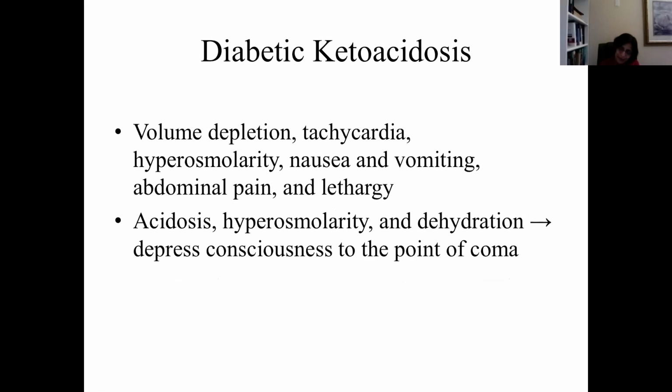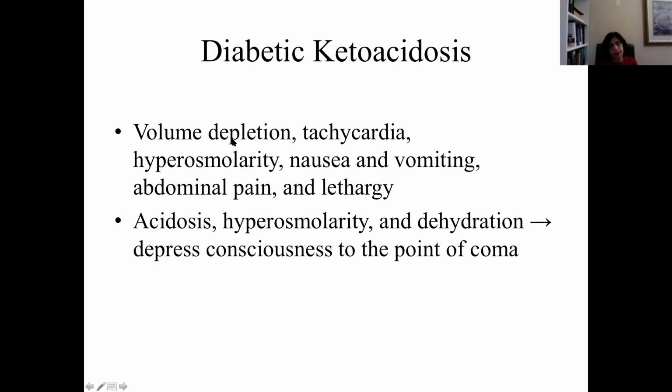We already know the definition. Ketoacidosis is increased levels of ketone bodies changing the blood pH to be acidic. All right. So what does it do? These are some signs, symptoms, clinical situations that we need to understand.